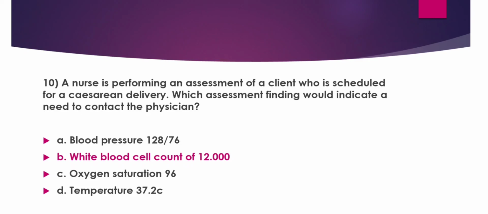Option B, white blood cell count of 12,000. Option C, oxygen saturation 96. Option D, temperature 37.2 degrees Celsius. Option B, white blood cell count of 12,000 is correct. That indicates the patient has some infection.